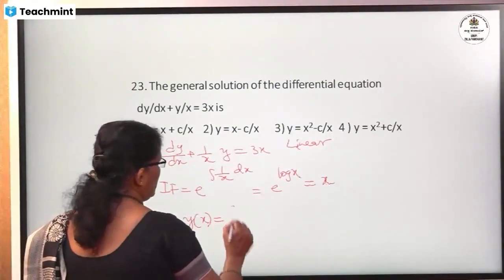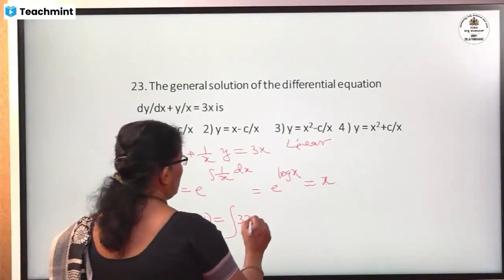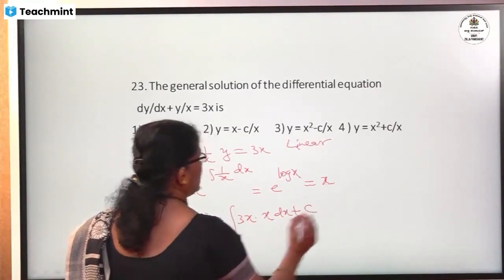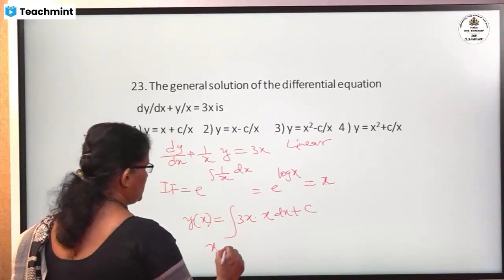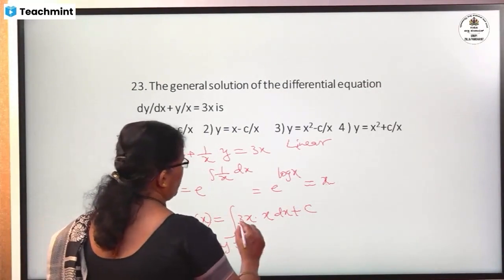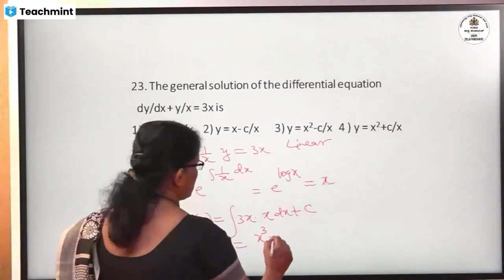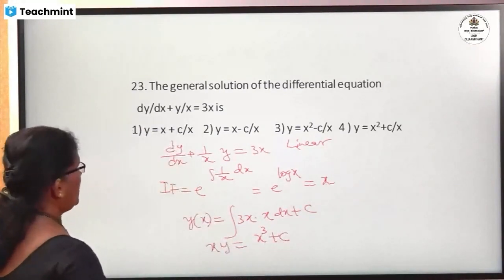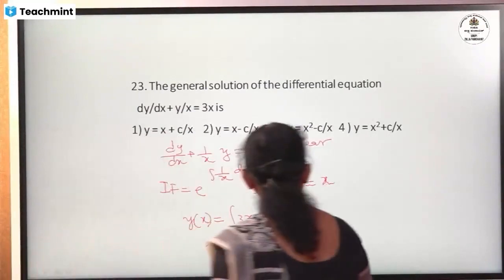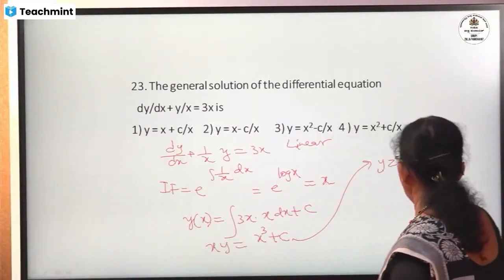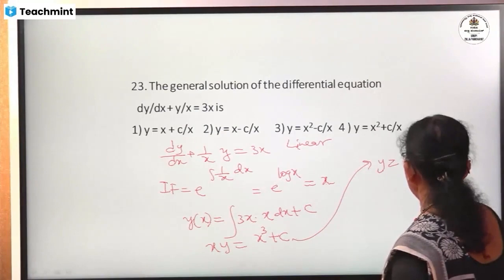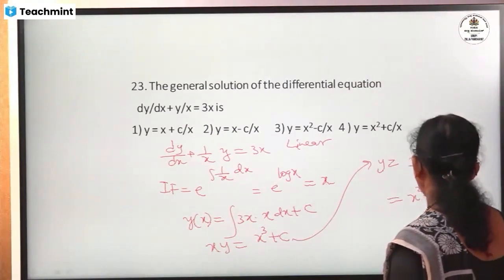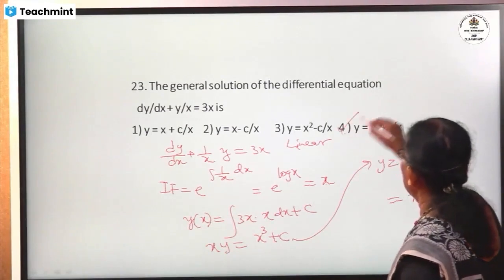Y into integrating factor equal to integral of q into integrating factor plus c. So this is xy is equal to 3x squared means x cube plus c. So this is y is equal to x cube plus c divided by x, that is x squared plus c by x, that is fourth option.